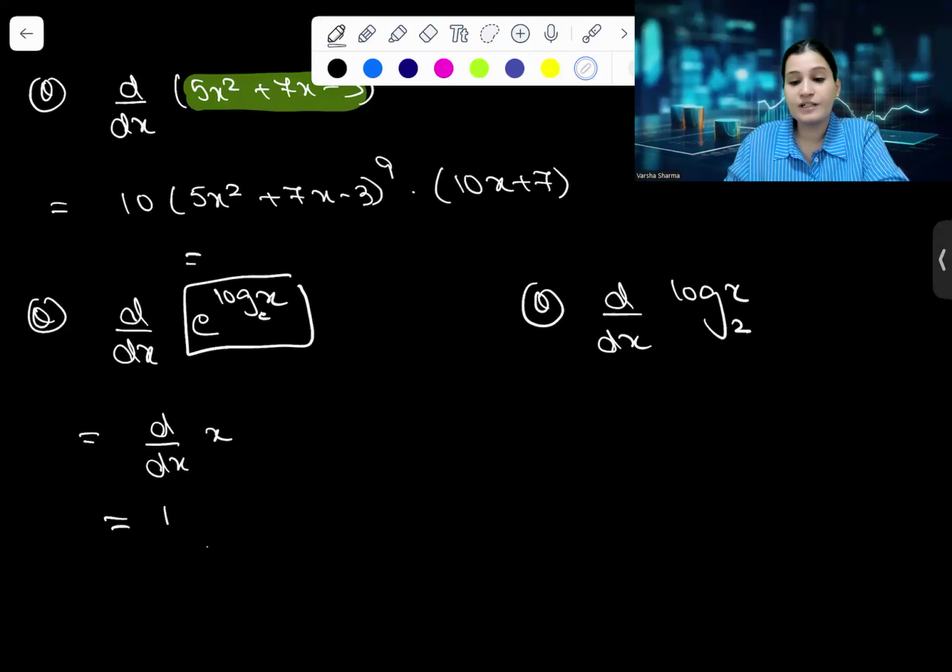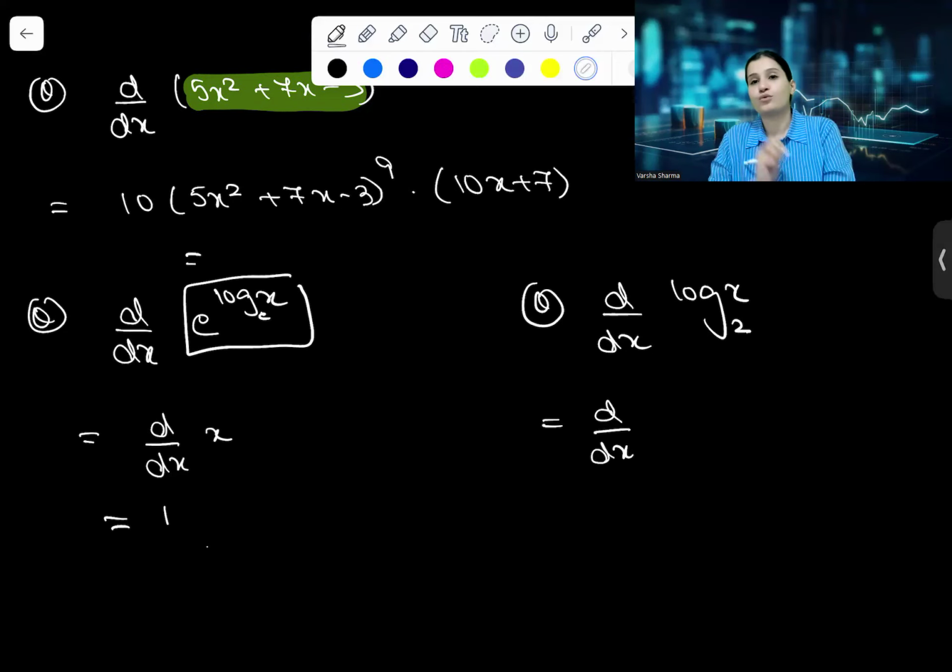But right now, my base is not e. My base is 2. So I need to remove that base. Until I have base e, I can't differentiate. What will we do? Use logarithm property. That's why I said more than differentiation, the rest of the simplifications are more important. So here, no differentiation until you simplify the logarithm. You remove the base 2. How can I do that?